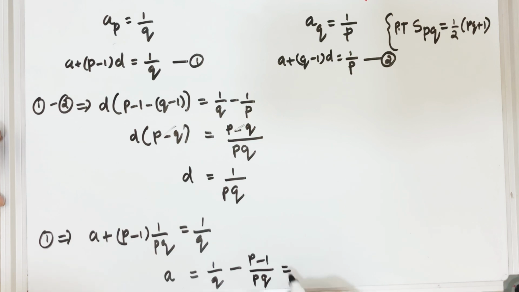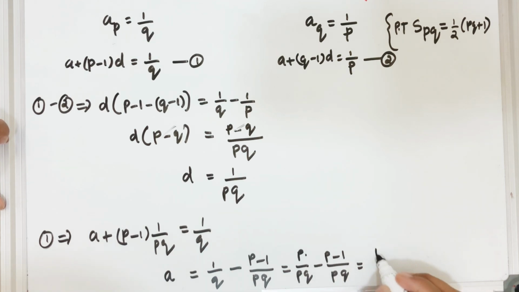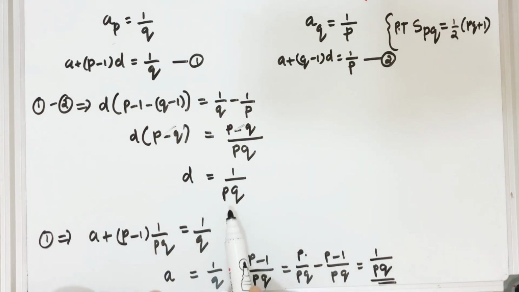Multiply by P to make the same denominator. This is P by PQ minus P minus 1 by PQ, which is equal to P minus of P minus 1 by PQ, that is P minus P plus 1 by PQ, that is 1 by PQ. So we have A is equal to 1 by PQ and D is equal to 1 by PQ.